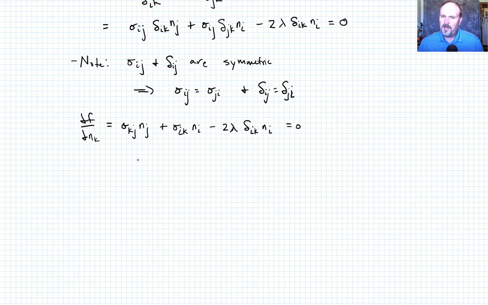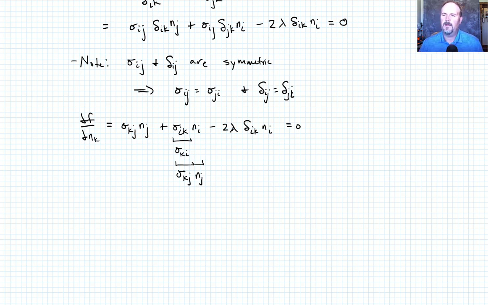What I'm free to do is, because of this symmetry, this term here is equivalent to sigma ki. And this i, as you'll note, is a dummy index, so I'm free to use whatever letter I want. So I could write this whole term as sigma kj nj.